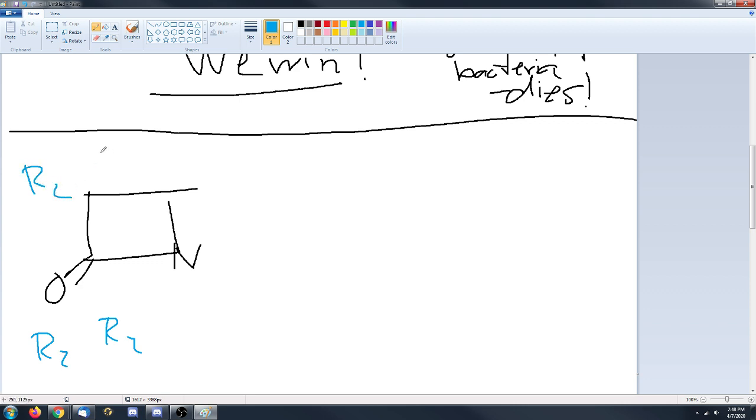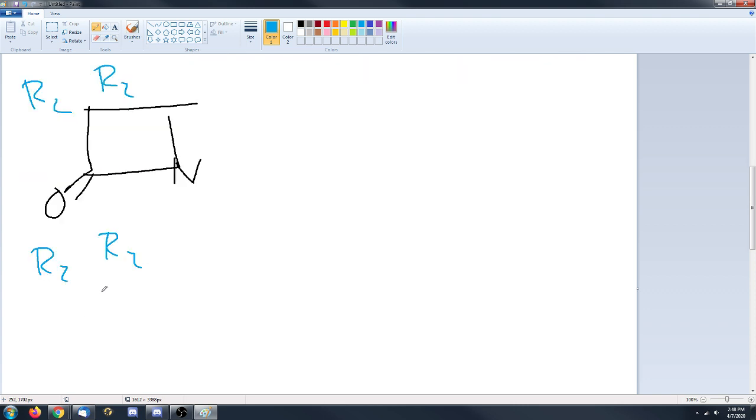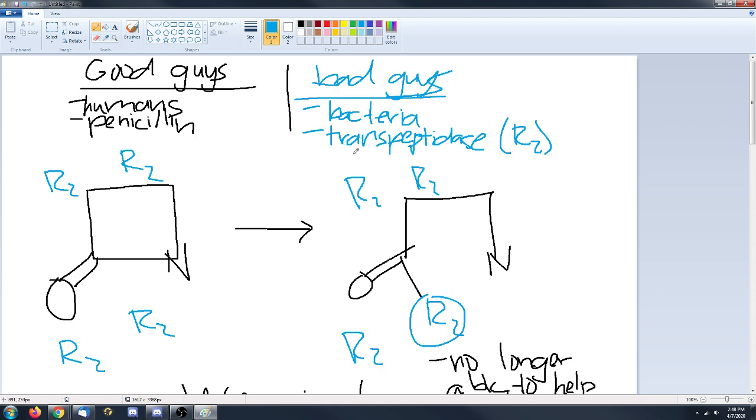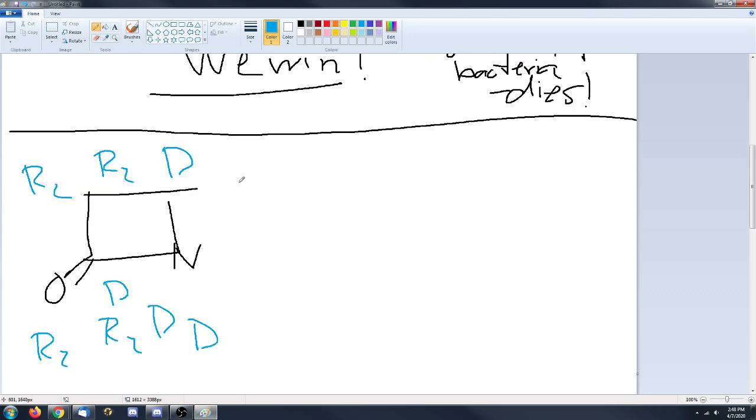Remember, this is what helps them build their cell wall. But they realize that penicillin grabs onto them. So what bacteria ends up doing is they start making these dummy enzymes. So now the dummy enzymes are also on the side of the bad guys.